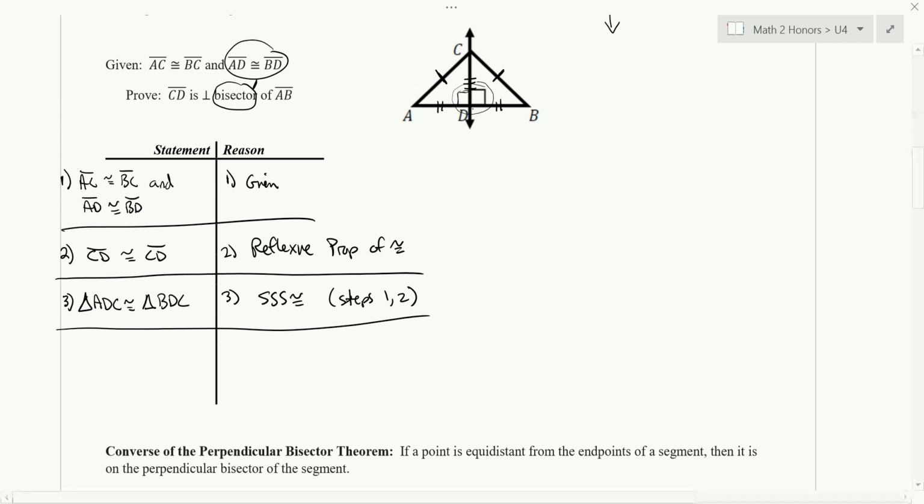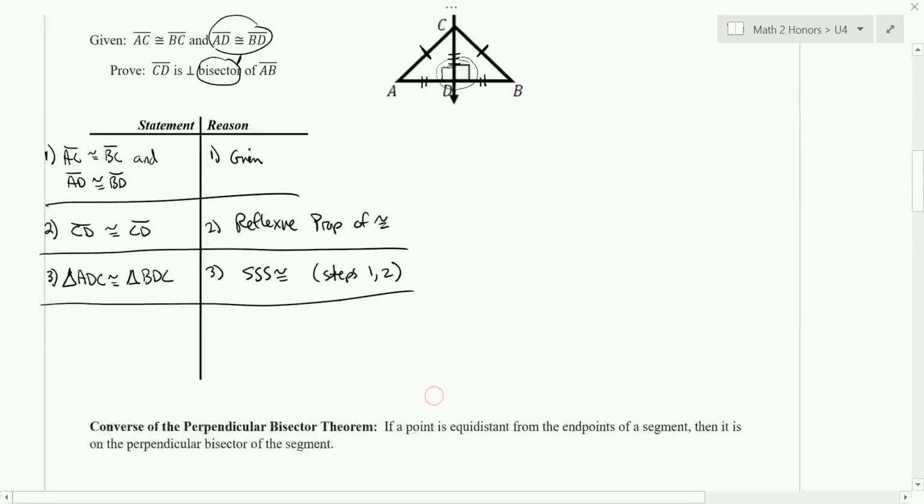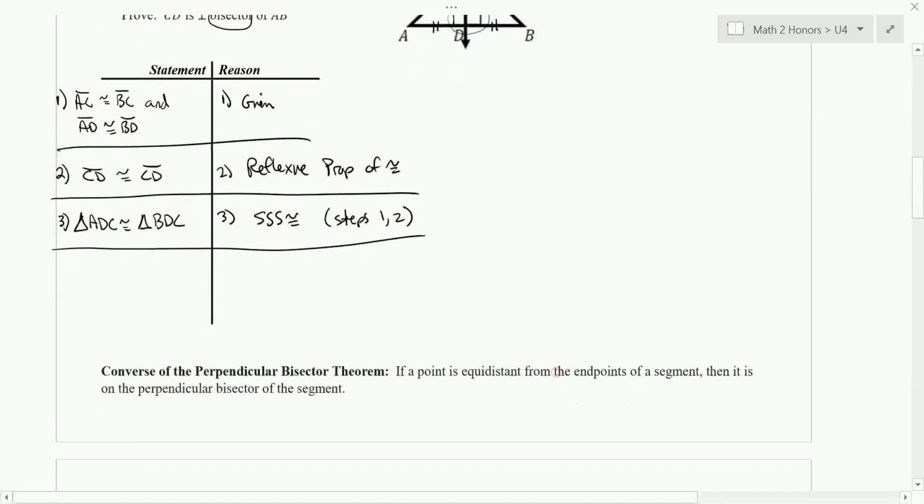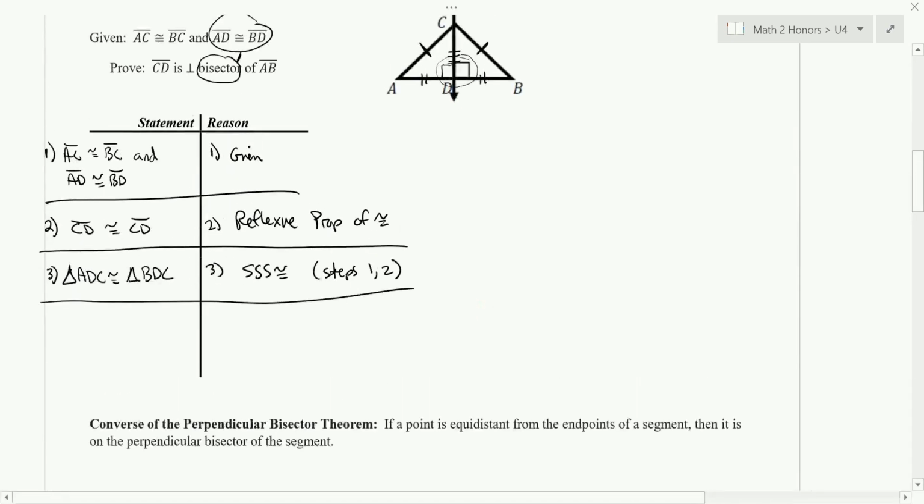That's definitely true, and so that's something we want to state. Before I state that, I'm going to jump off of the congruent triangles, because when you get triangles congruent, then you get parts congruent. So what parts do you think I might want to say are congruent here? Yeah, those two angles are congruent to each other.